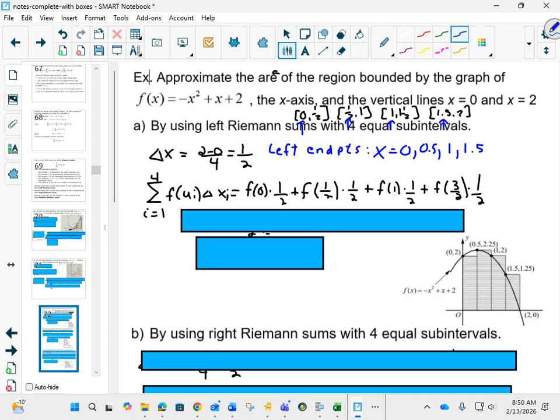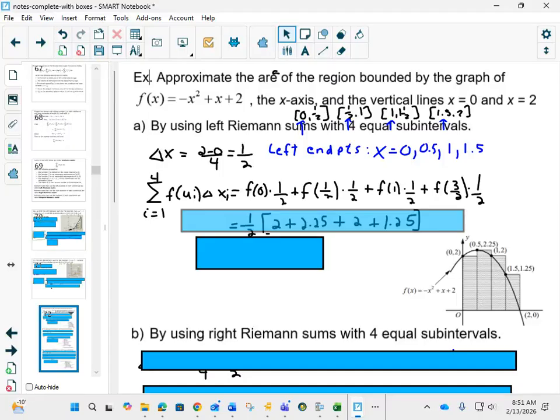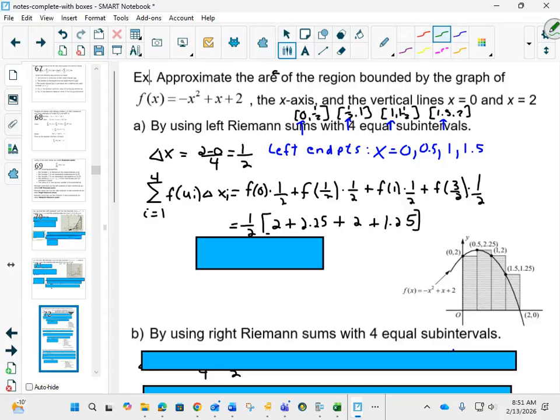Okay, again, maybe I shouldn't have shown you this line. You don't necessarily have to put it, but you're going to plug in f of 0, f of a half, f of 1, f of 3 halves, and get those values. One of the things you'll notice here, if your intervals are all the same, do you notice that I have a half in all four of those terms.